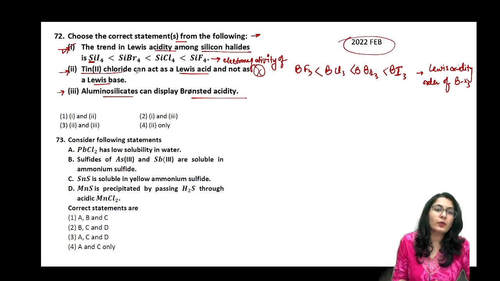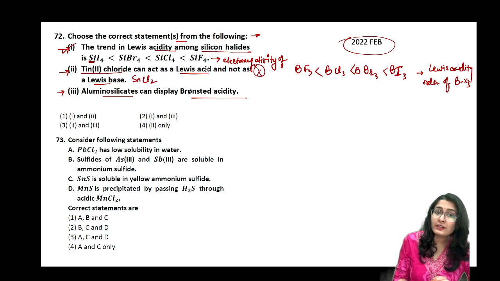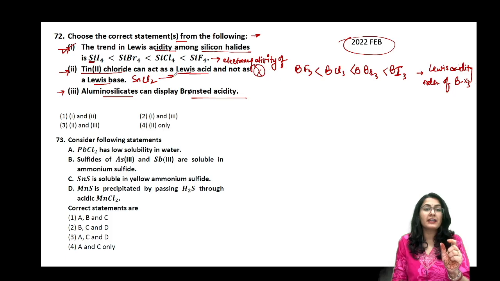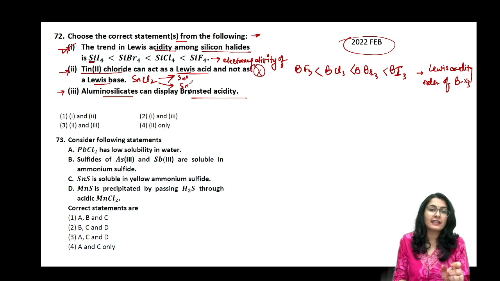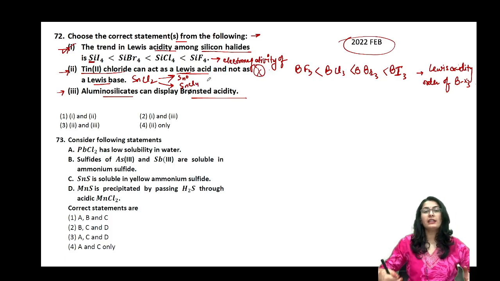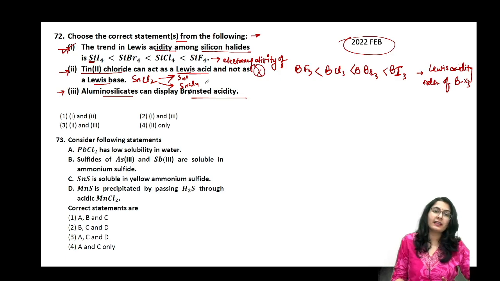Now, tin(II) chloride, SnCl2, can act as a Lewis acid and not as a Lewis base. This is wrong because tin is amphoteric. It is also amphoteric for one more reason, because it can disproportionate both to tin(0) and SnCl4. So that's why it can go to both lower and higher oxidation states. It can react with both acid and base. This is wrong.